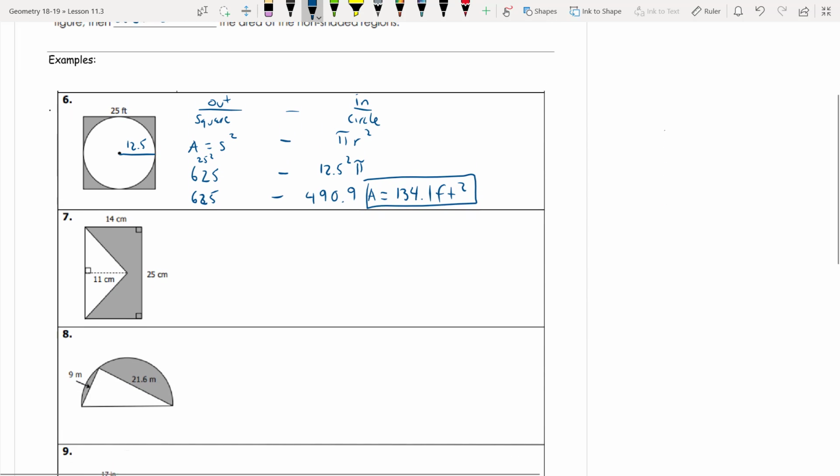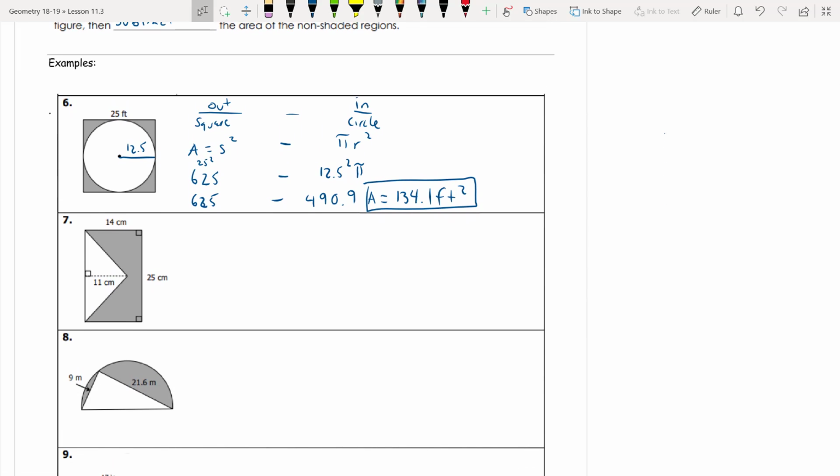Okay, we'll take a look at 7 and 8, and then I'll allow you to do 9 on your own on another time. So when we're looking at number 7, my outside figure is going to be a rectangle, and my inside figure is going to be a triangle. So the area of my rectangle is going to be length times width, which is 25 times 14.